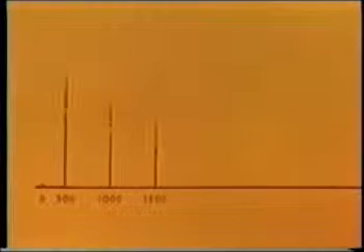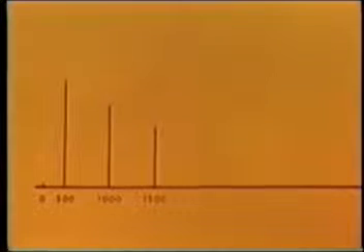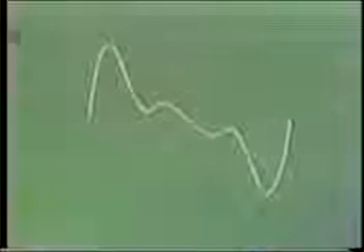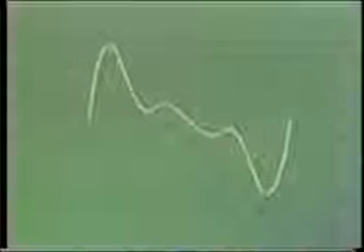A further change in the sound is caused by the addition of the third harmonic. The waveform has again been changed. Each increase in spectrum width increases the quality or intelligence conveyed by the sound.